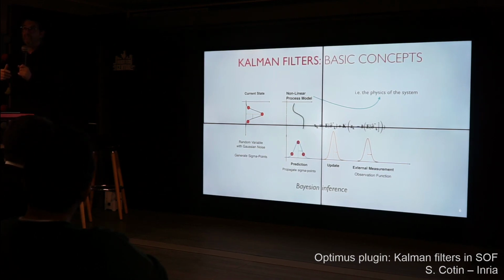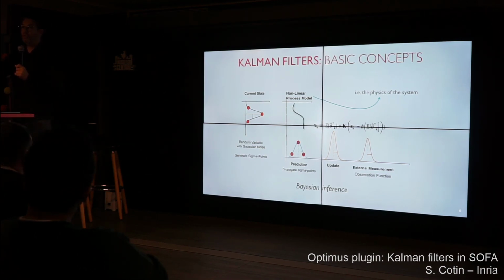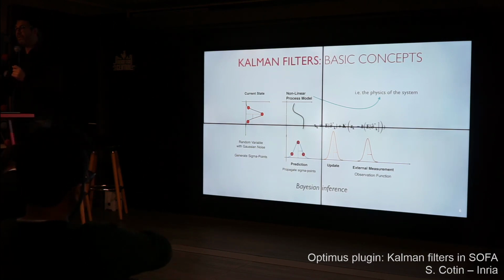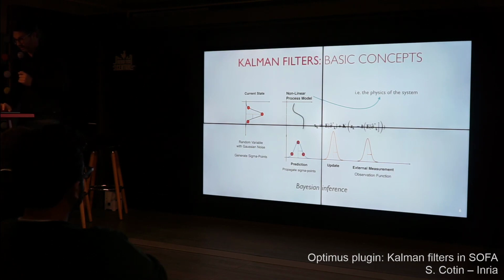Then this distribution is transformed over time, in particular when your problem is nonlinear, and it can get ugly, meaning it's no longer a Gaussian distribution. That's the problem with nonlinear Kalman filters. So what we have implemented are versions that handle those nonlinear processes well.